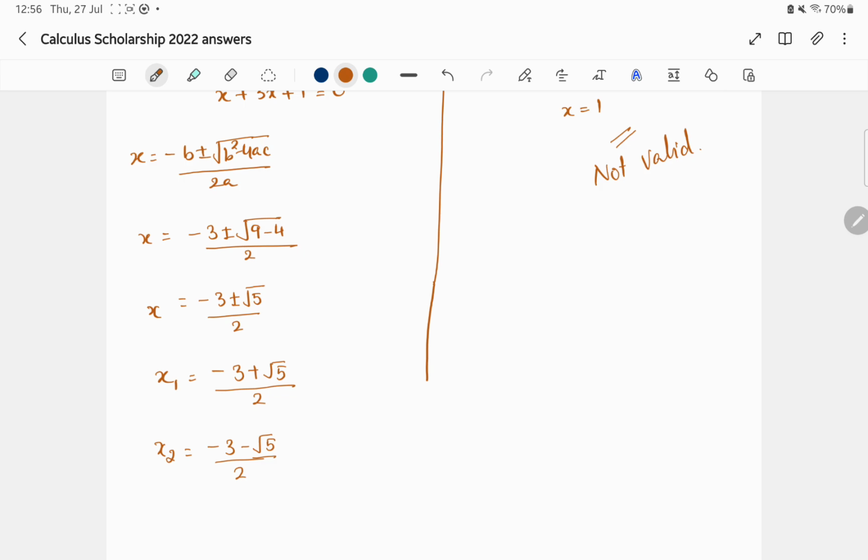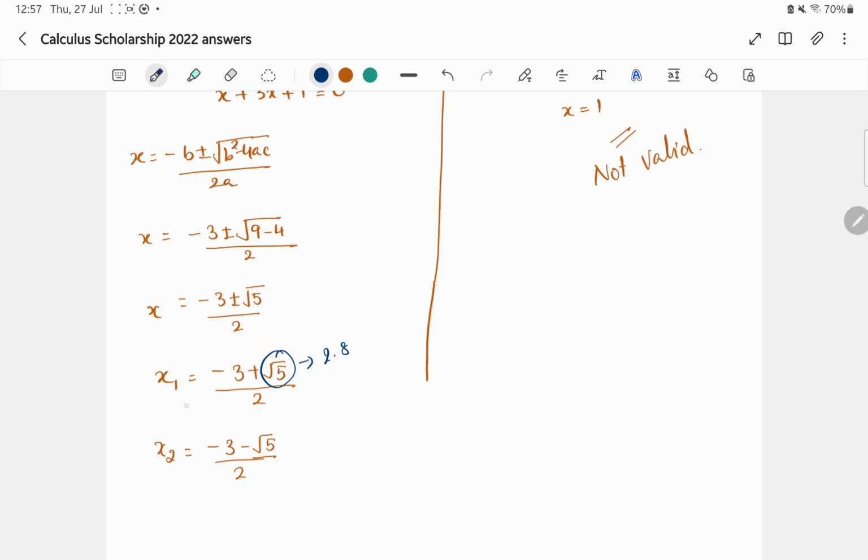All right, so here, for both the cases, root 5 is equal to 2.8 something. So minus 3 plus 2.8 is going to give us a negative answer.